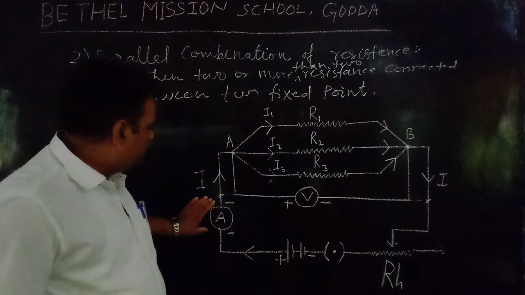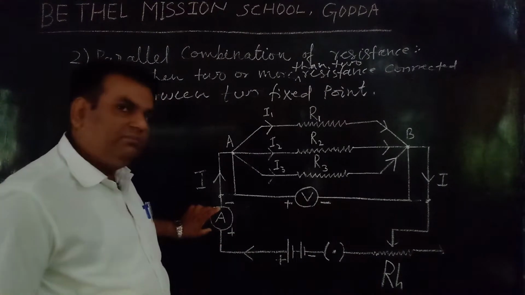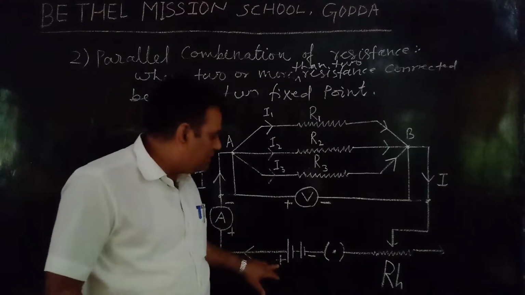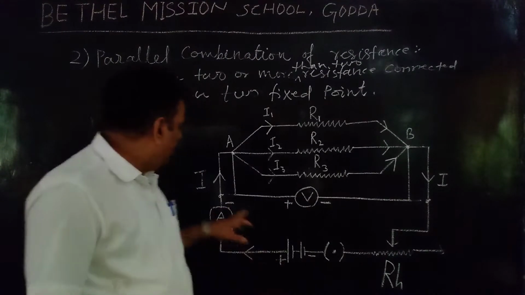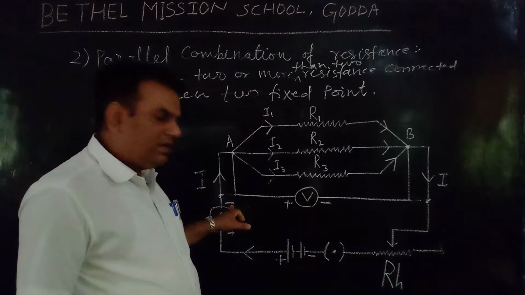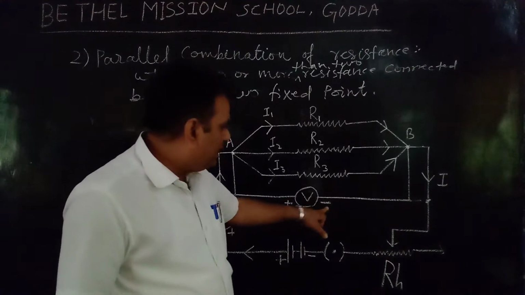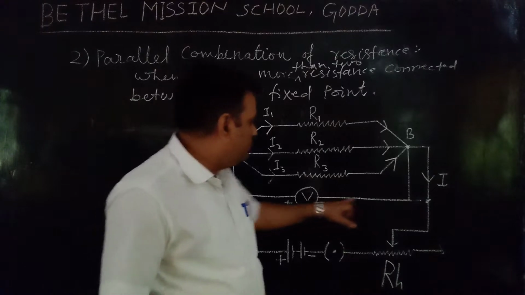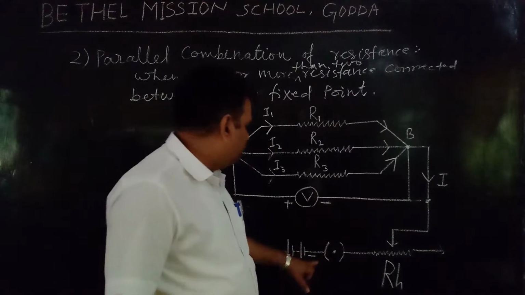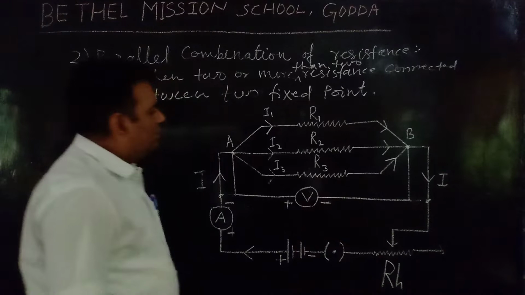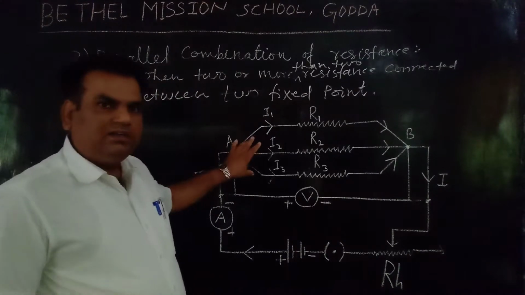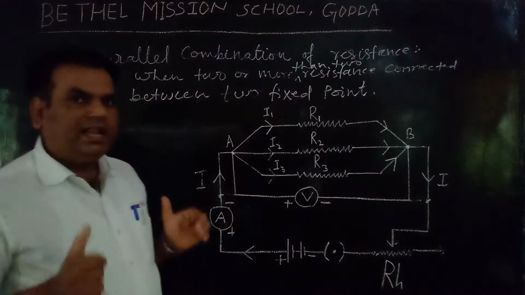And we will connect the positive terminal of the ammeter to the positive terminal of the battery, the negative terminal of the ammeter to the positive terminal of the battery, and the negative terminal of the voltmeter to the negative terminal of the battery. Now here we will find out the equivalent resistance.